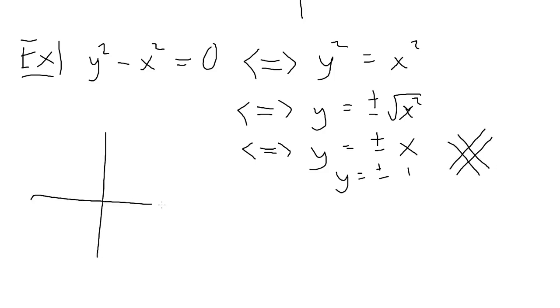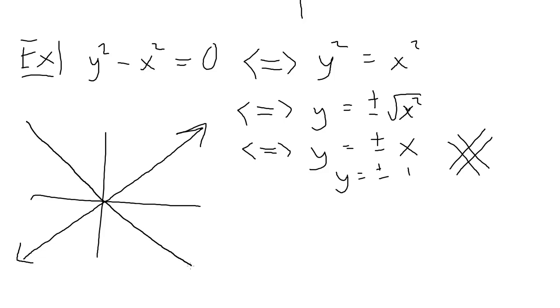And actually, its graph looks like this. So y equals plus or minus x. So for the whole real number line, we could have y equaling x, which is this line, or y equaling minus x, which is this line. So this is actually the graph of this function. So clearly it does not pass the vertical line test either.